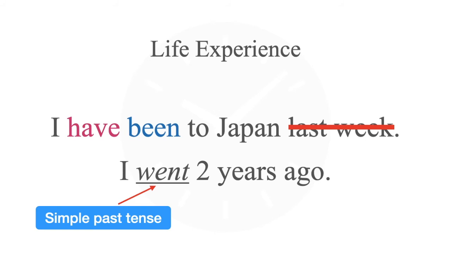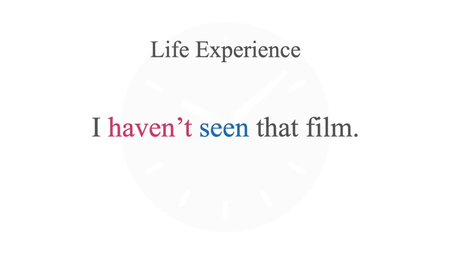You notice the first sentence has the perfect tense, but the second sentence then gives you the specific time. I have been to Japan, full stop. I went 2 years ago. So we often start our sentence with our experience, usually with a perfect tense, and then the second and following sentences will often be the simple past tense.